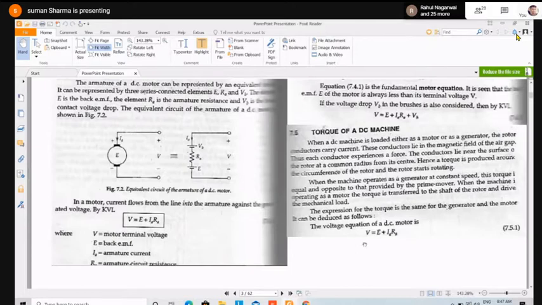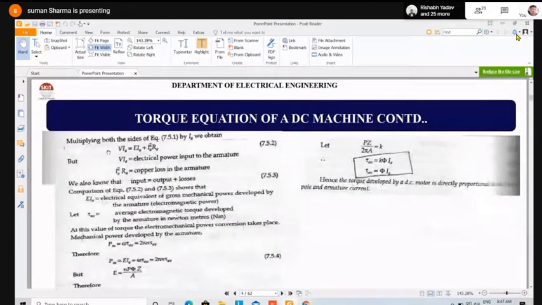Then in this equation, we multiply both sides by the current IA. So we get V into IA is equal to E into IA plus IA square RA.